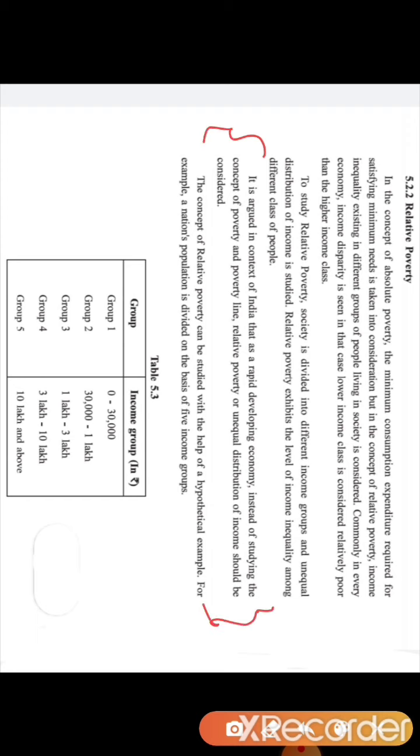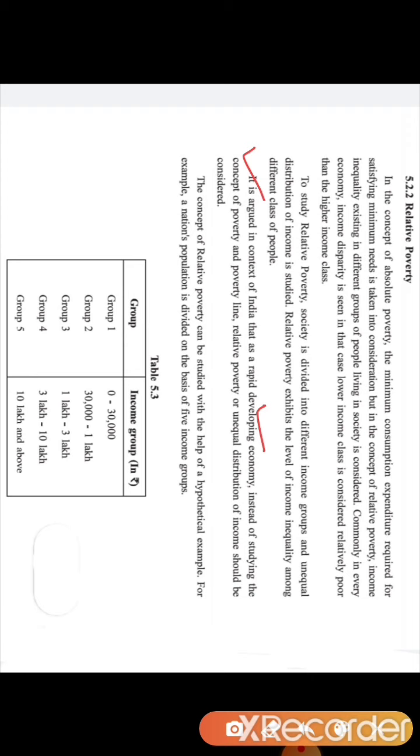As we have seen, India is a country in which poverty is measured by the concept of absolute poverty. We have seen the different standards given by the Indian experts. But here in this paragraph it is said that India is one of the rapidly developing countries.